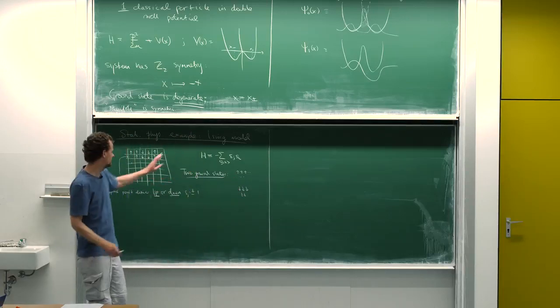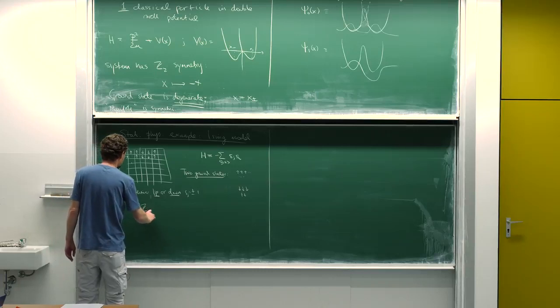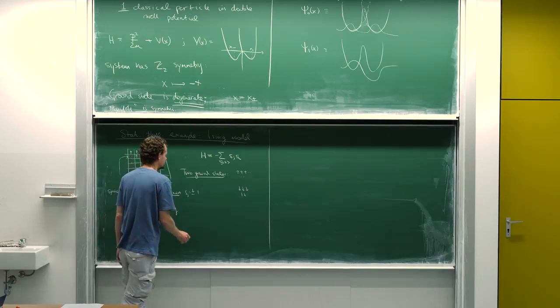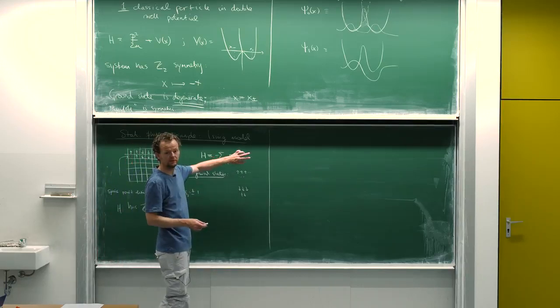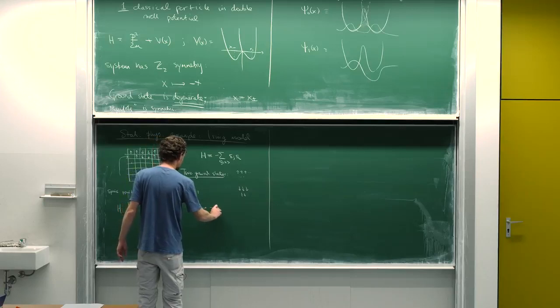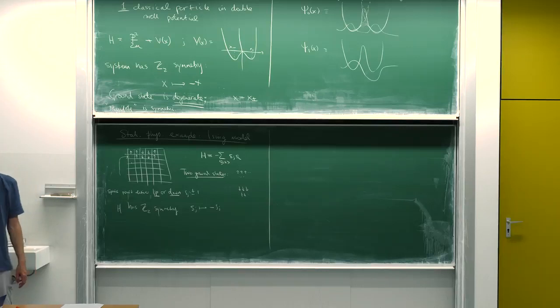This model also has Z2 symmetry, but this time acting on the spins. And where does the symmetry breaking come into it?